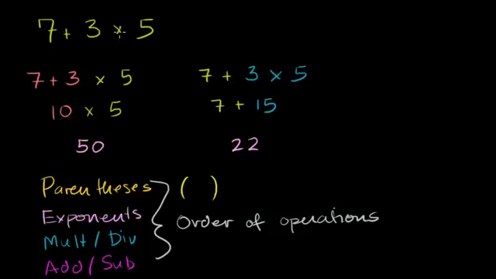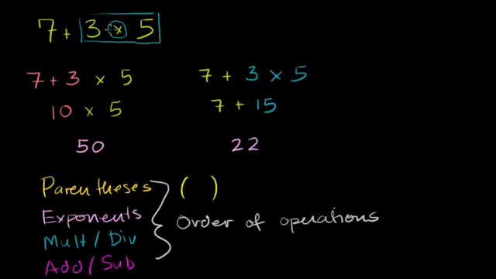I'll do some examples that do have parentheses. We don't have any exponents here, but we do have some multiplication. So the order of operations says, do the multiplication first. It gets priority over addition or subtraction.